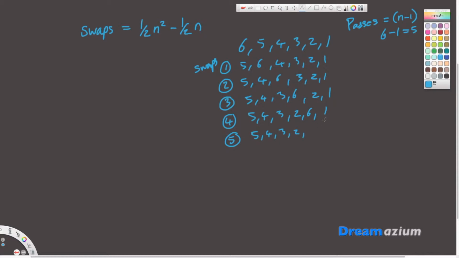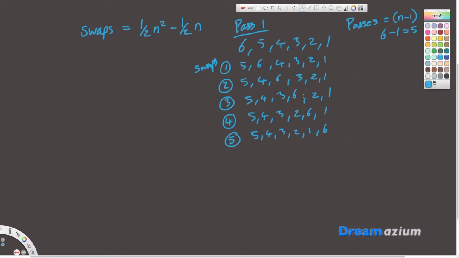The 6 is checked with the 1 and it swaps. So by the time you've got through, if we call this pass 1, by the time you've gone through pass 1, you've already made 5 swaps.